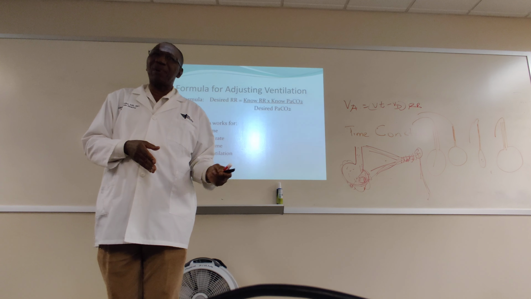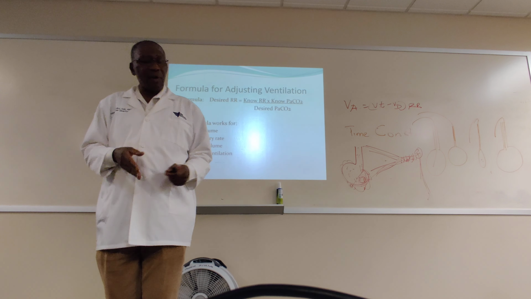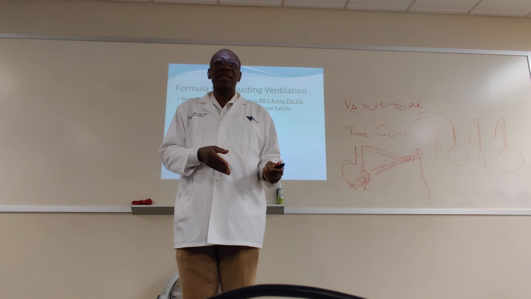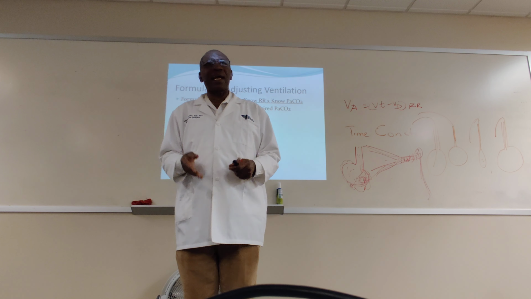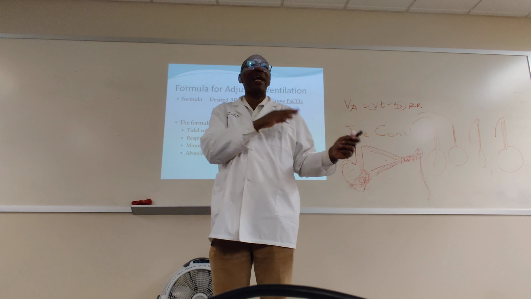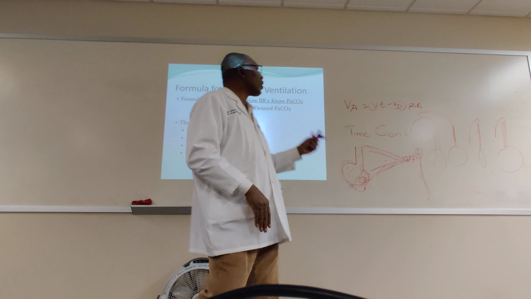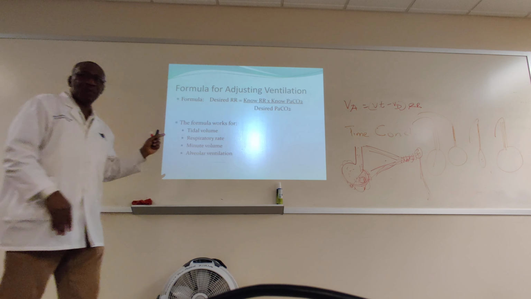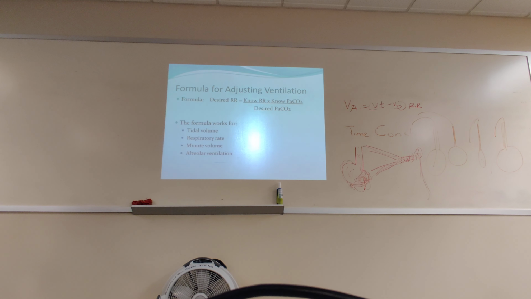After that, I get a blood gas. Well, it's still high. Then I go, well, let me try 600. And then it stays high. Well, let me try 700. Trial and error is what they do. But if you use this formula here, you can nail it. You can nail exactly what you need to make that CO2 be what you want it to be.